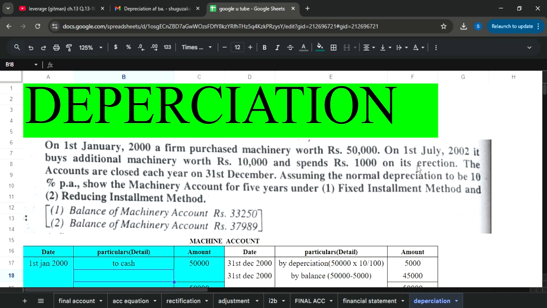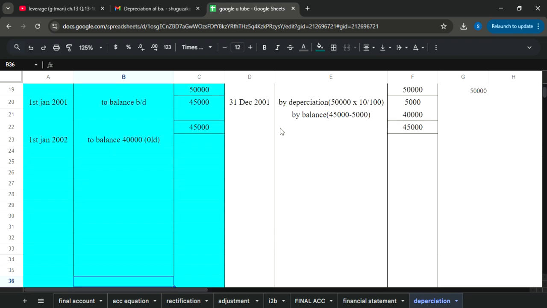So collectively you have bought 11,000 worth of machine. And since you are buying this machinery, you will mention cash. How much? 10,000 was its price and 1,000 was installation charges.